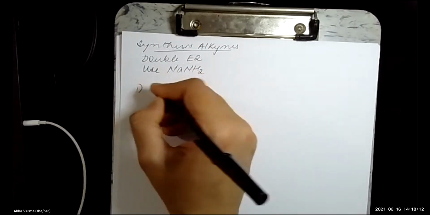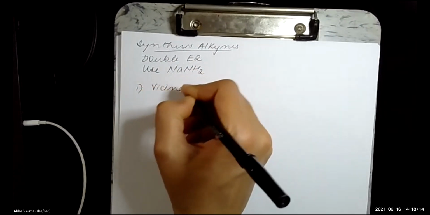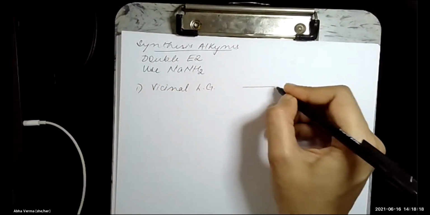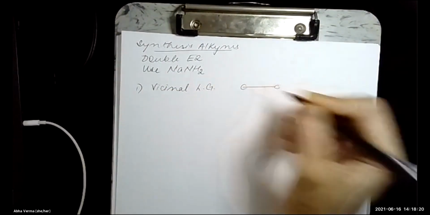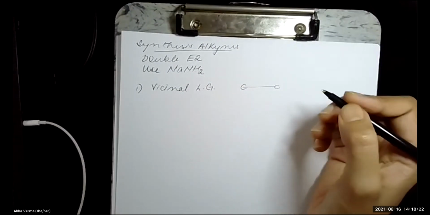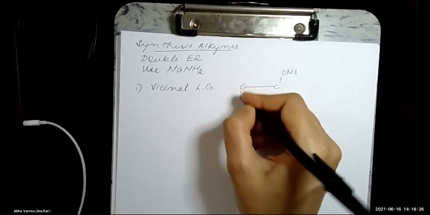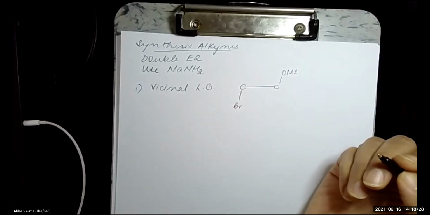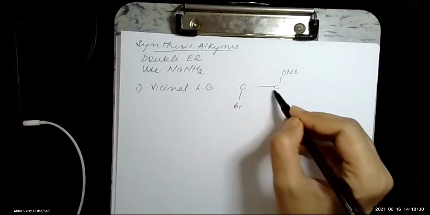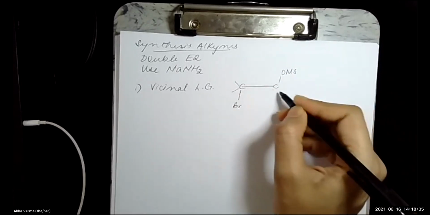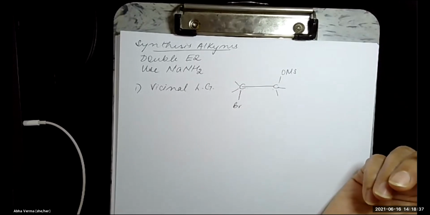Now you can either start from vicinal leaving groups. What does vicinal mean? Vicinal means on adjacent carbons. So for example, I can have OMs here, and I may have another leaving group, Br here. So those are my vicinal leaving groups, and of course other groups.